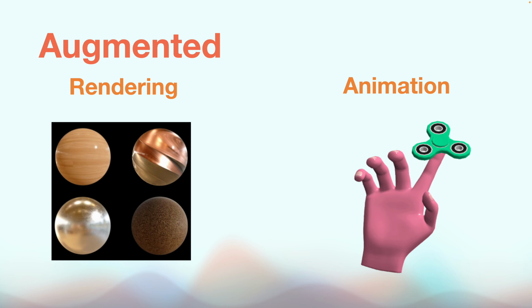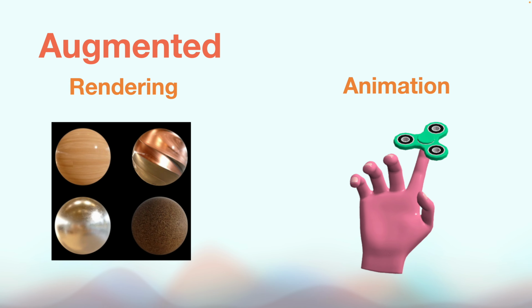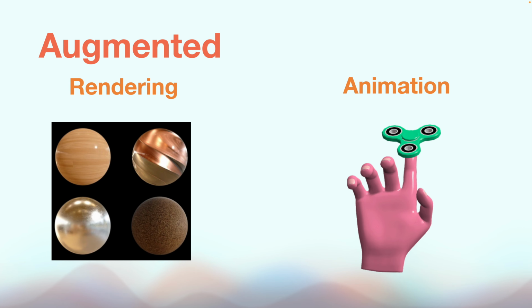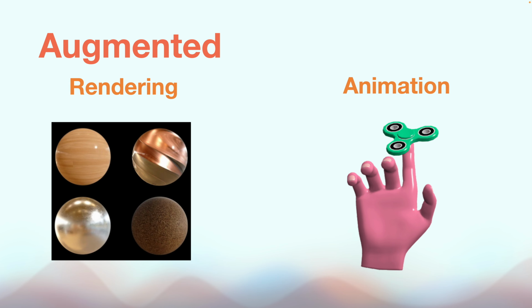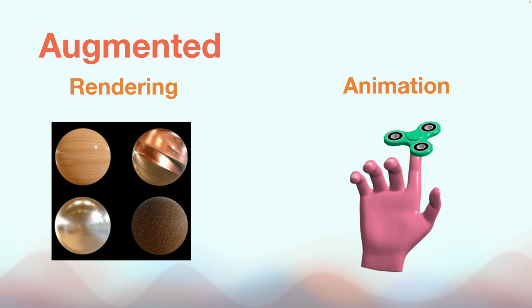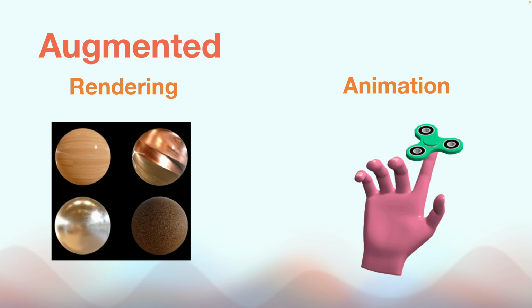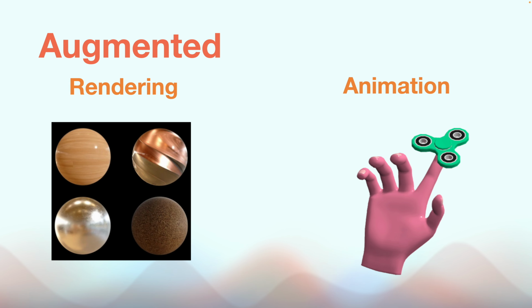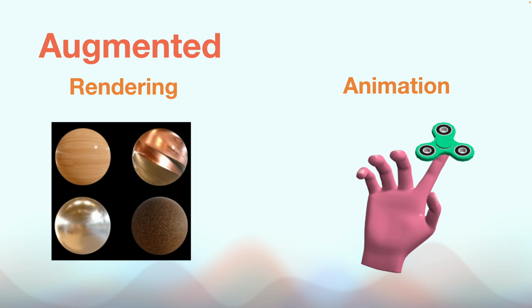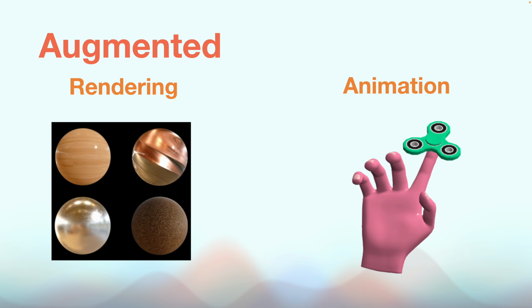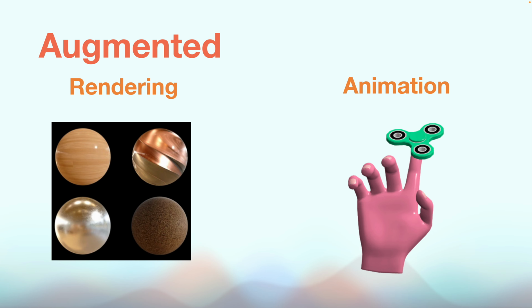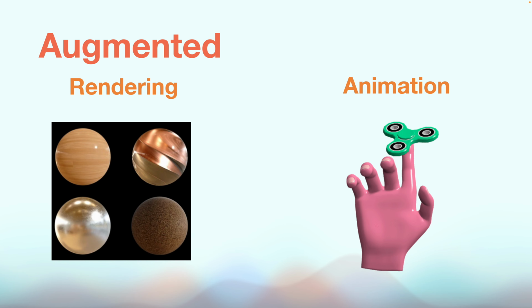If any of you have experience with 3D modeling, you know what rendering is. You can see there are different materials and different renderings, lights and stuff projected onto the ball, which will be placed onto the 3D object. Animation is also pretty simple, just a little GIF-like thing that will move and guide the 3D object.